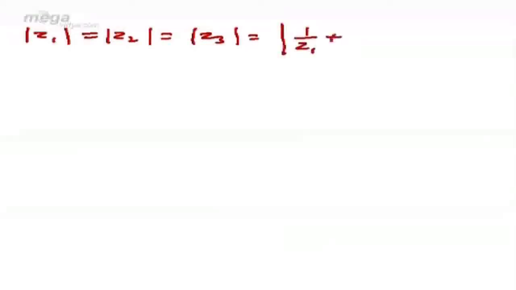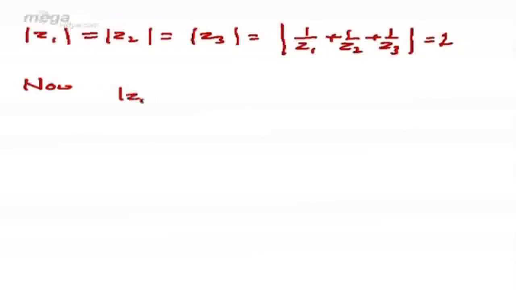Now we are given mod of z1 is equal to mod of z2 is equal to mod of z3 is equal to mod of (1 upon z1 plus 1 upon z2 plus 1 upon z3) is equal to 1.